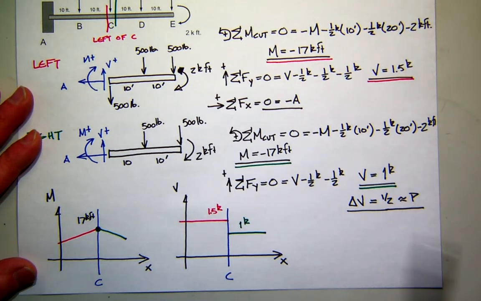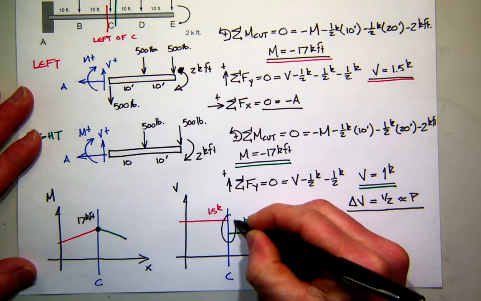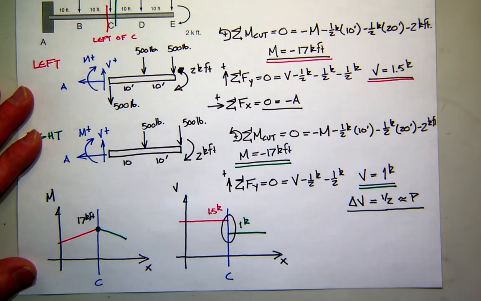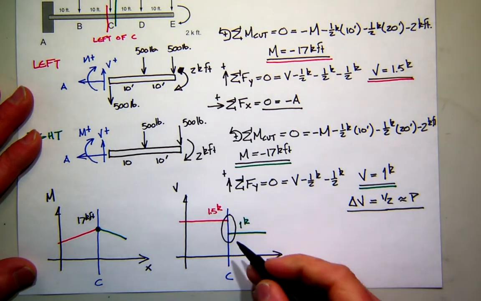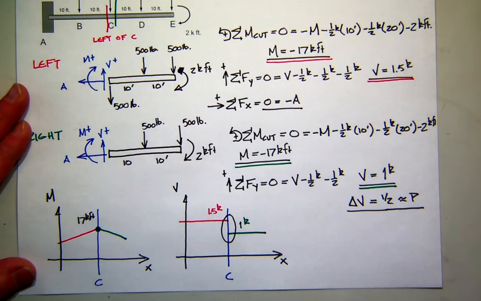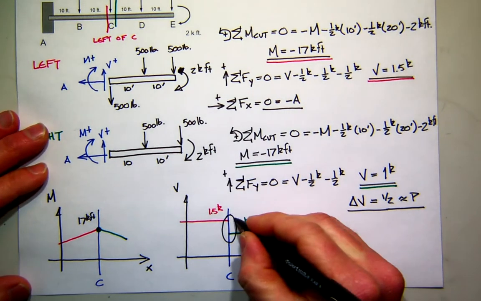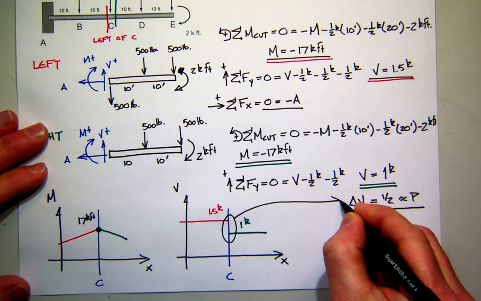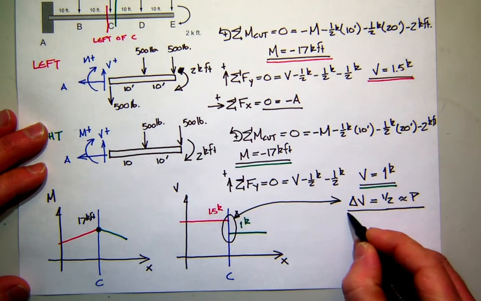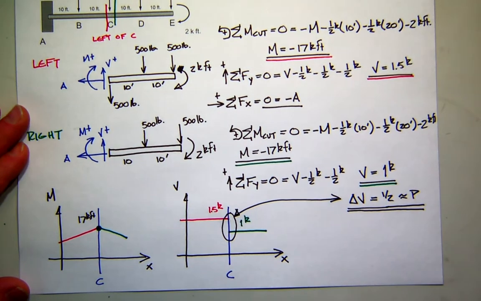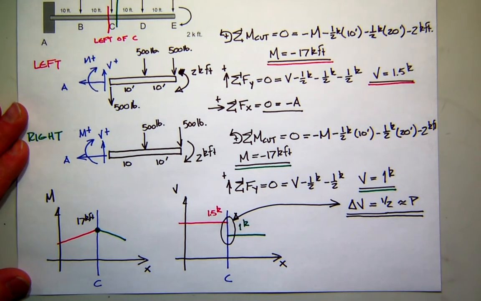So you can see right here at C, what's the shear? Well, it can be anything between 1 and 1.5. Now, as a structural engineer, which one would you be more interested in? 1.5. The 1.5. But just remember that. And then we've also connected it to this thing, that it seems the change in shear is appropriately equal to the load.